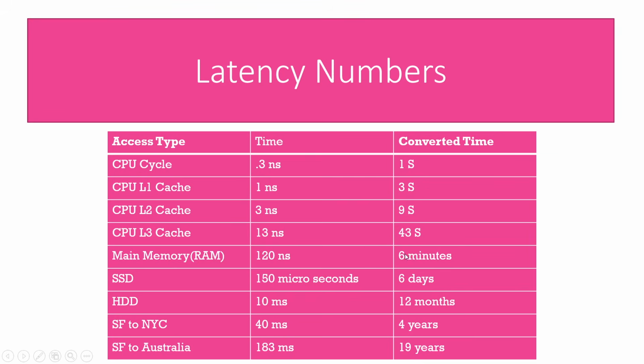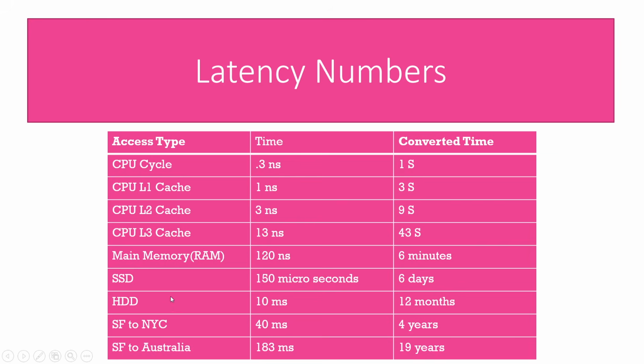This is still pretty fast. So you can see it's 6 minutes, so it's not bad, and it's much better than going out to disk. So if you've heard about how database calls are slow, this is why, and you can see the difference between grabbing something from a cache like Redis or going to the database. It goes from 6 minutes to 6 days, and that's with a more expensive and up-to-date solid-state drive.